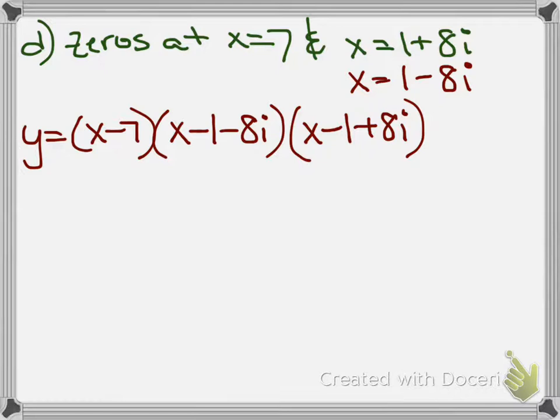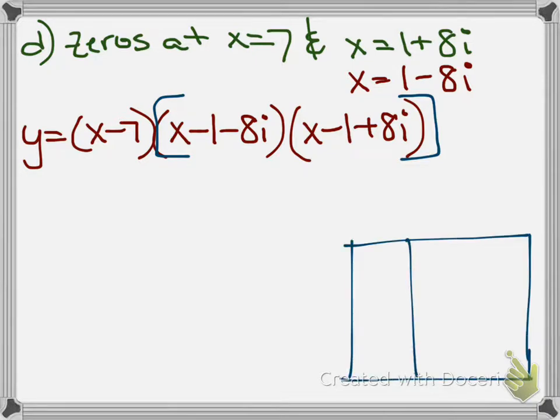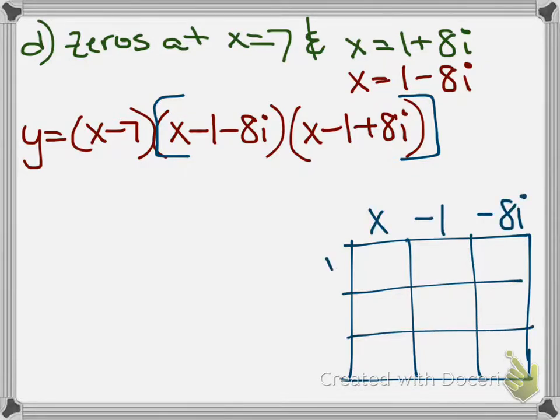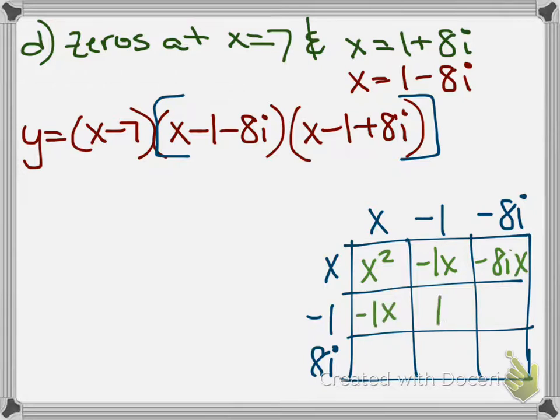Okay, so as I've done in the past 3 examples, I'm going to start with my imaginary numbers. I'm going to draw the area model for the 3 by 3. So x, negative 1, negative 8i, x, negative 1, positive 8i. Multiply: x squared, negative 1x, negative 8ix, negative 1x, positive 1, positive 8i, positive 8ix, negative 8i, and negative 64i squared.